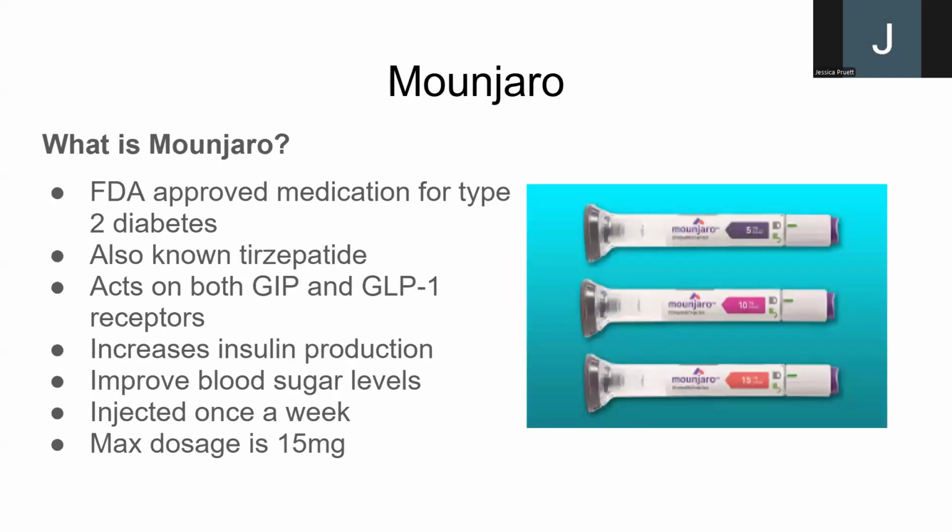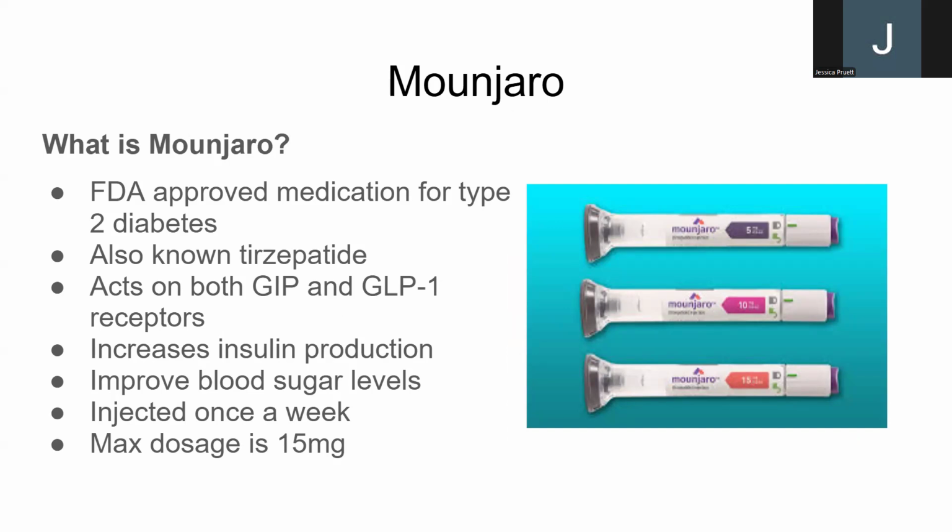However, Mounjaro is a little bit different. Mounjaro is also an FDA-approved medication for type 2 diabetes. However, its active ingredient is tirzepatide. And Mounjaro not only acts on GLP-1 receptors, but GIP receptors.